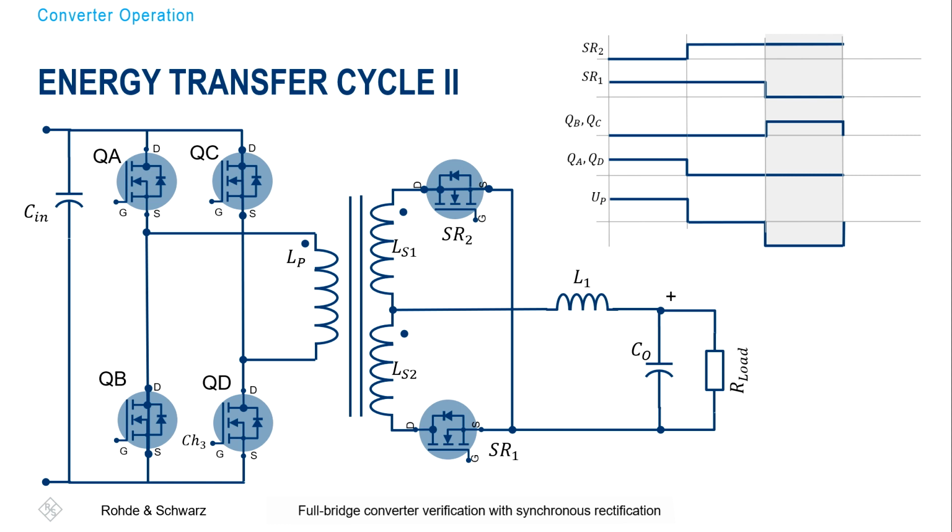So QB and QC will be switched on, and that causes the current to flow in the opposite direction, and also the voltage across the primary winding. And that is exactly what we want to have to drive the core in both quadrants. That's quite important. And as I said, in the energy transfer cycle, again we transfer real energy from primary to secondary during this time.